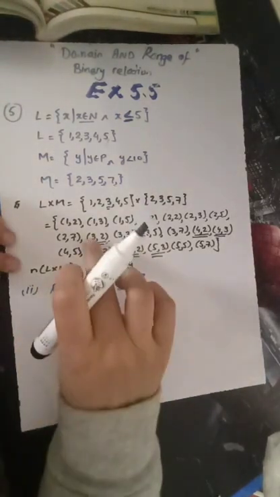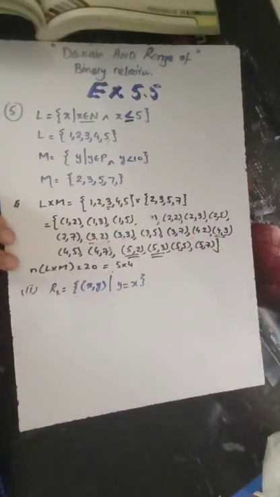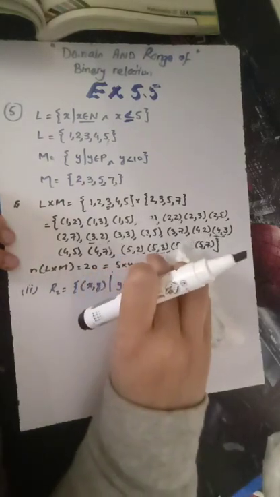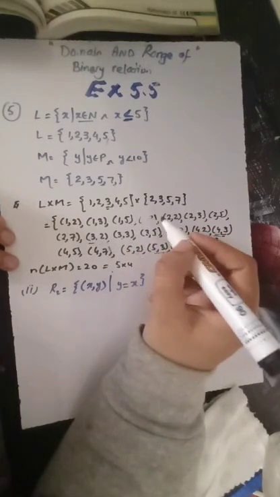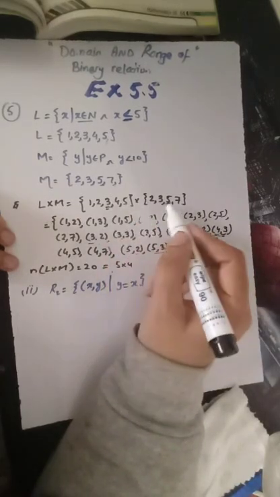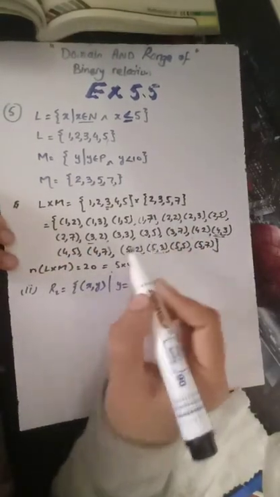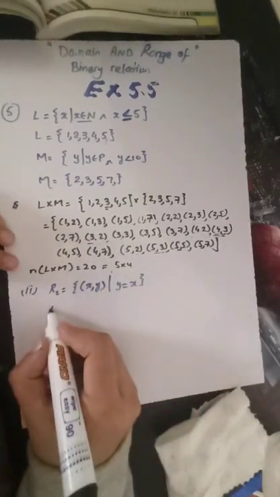So easy. Over here 1 5, and here we had 1 7. Now I have to pick all those ordered pairs where x and y are equal.